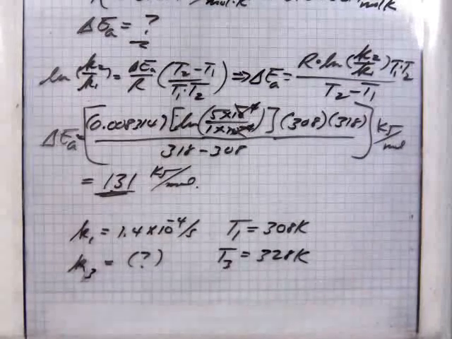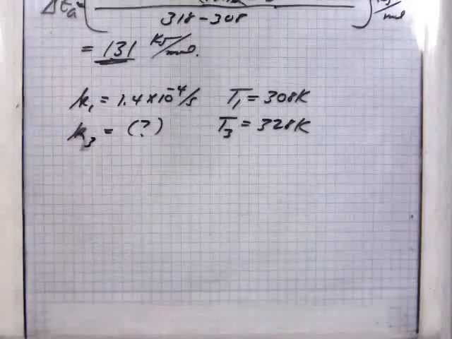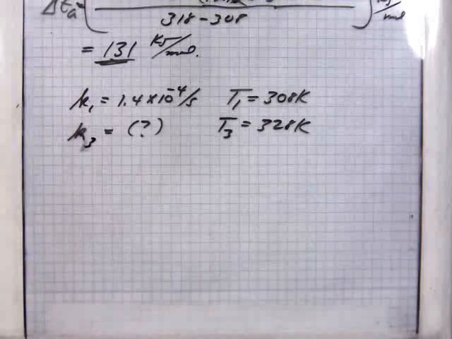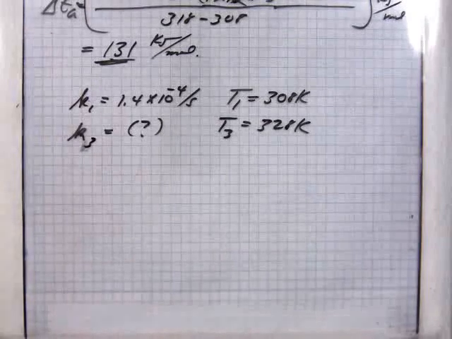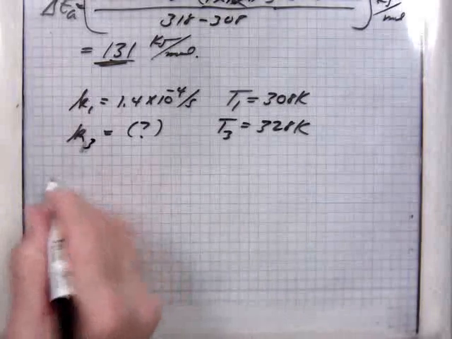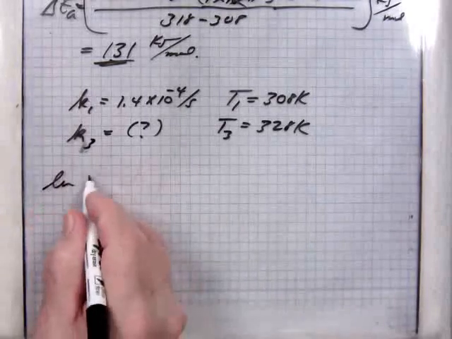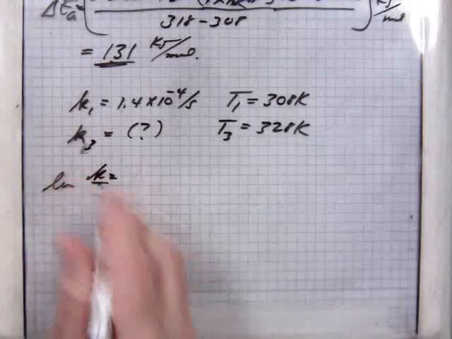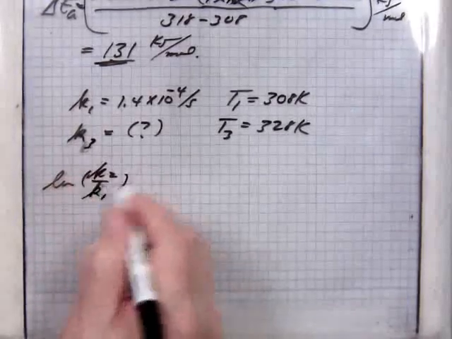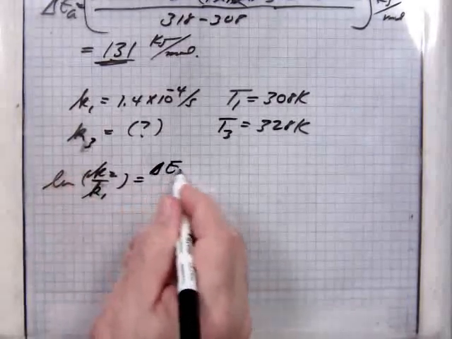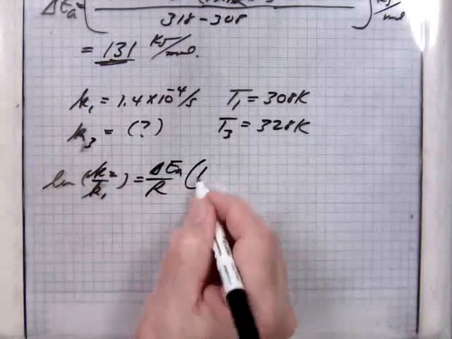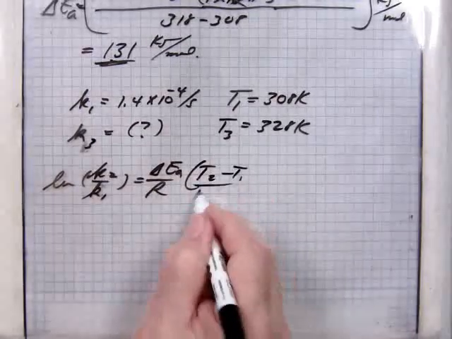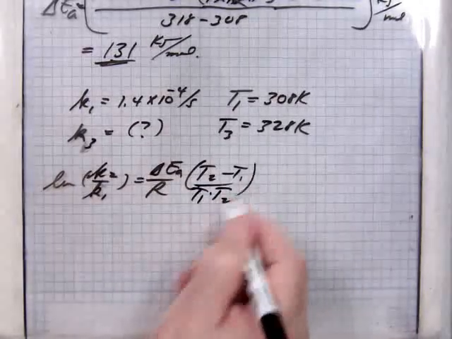So we went up 20 degrees. So in that particular case, using the 131 for delta EA, we have, again, ln of K2 over K1 equals delta EA over R, times T2 minus T1 over T1 T2, like this.